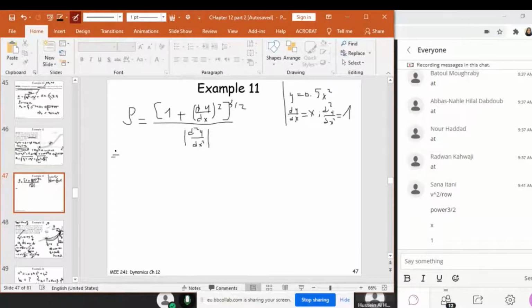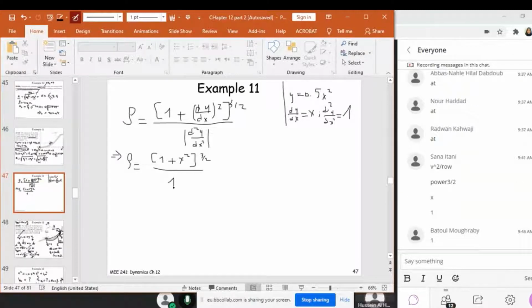And this means that now rho will be equal to what? To 1 plus x squared to the power 3 over 2, over 1.